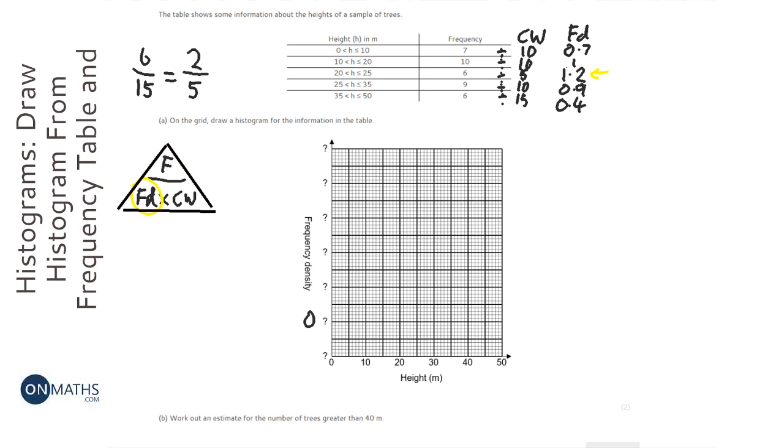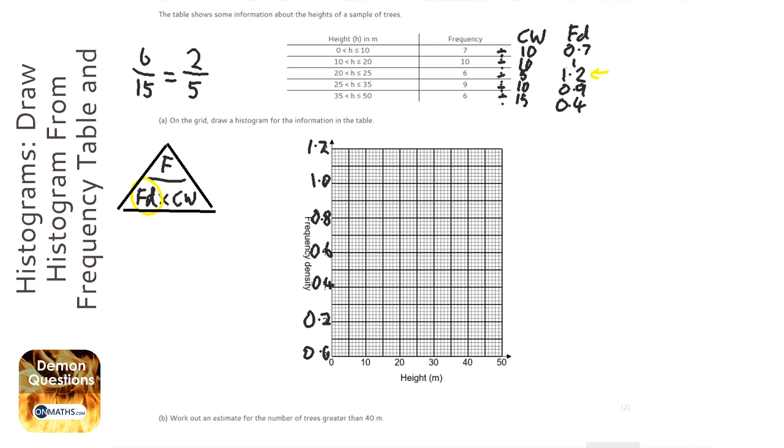So I'm going to go up in 0.2s. 0.4, 0.6, 0.8, 1.0, I'm just going to put 1.0 because it's a bit easier and it looks nicer, and 0.0.